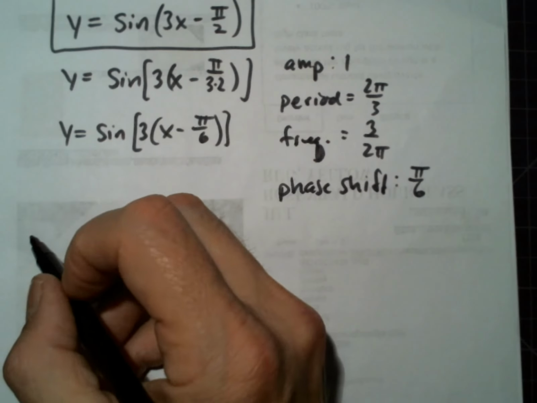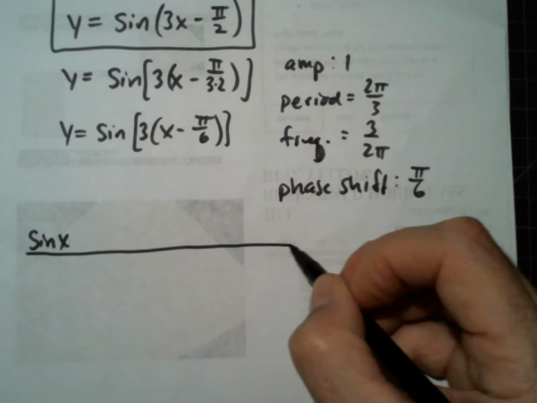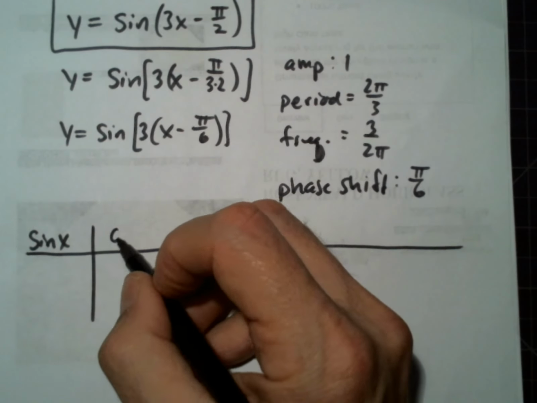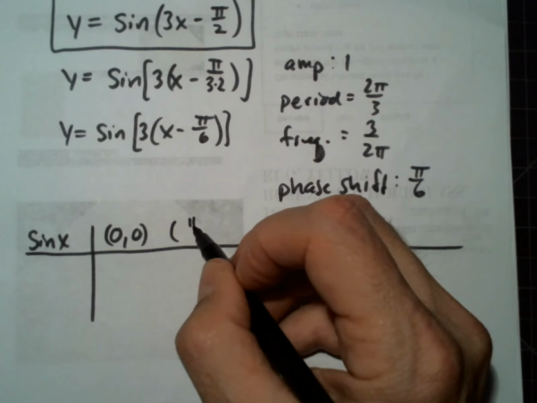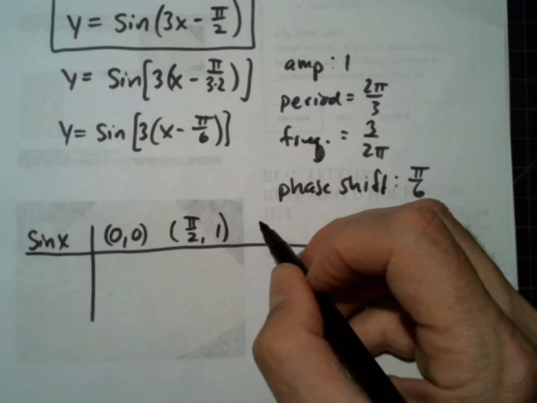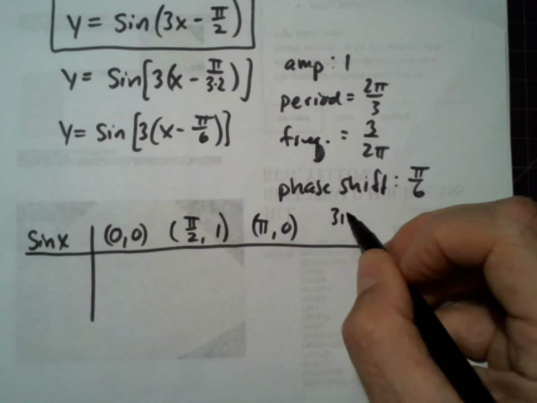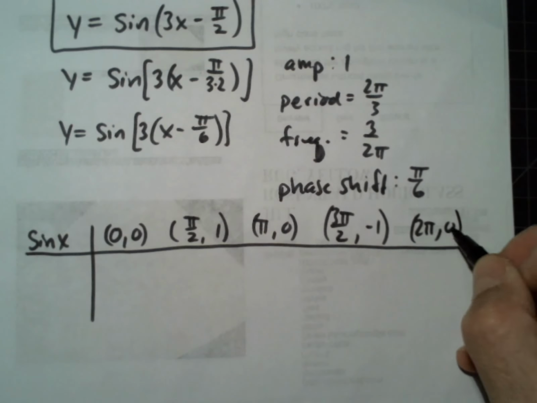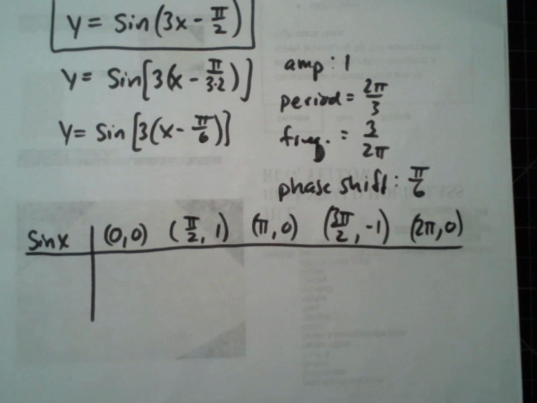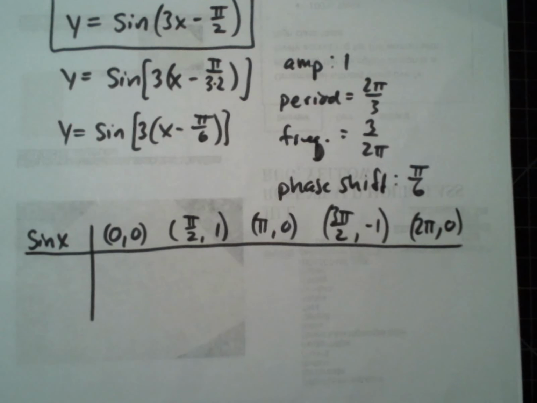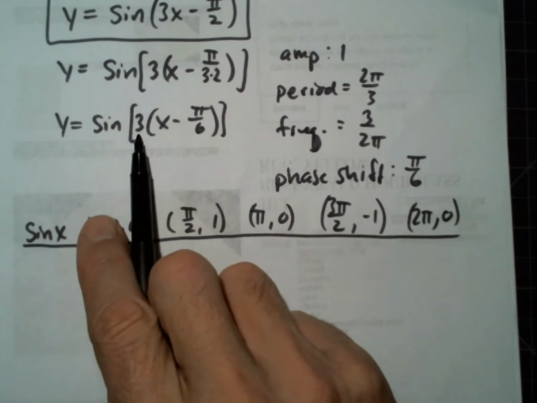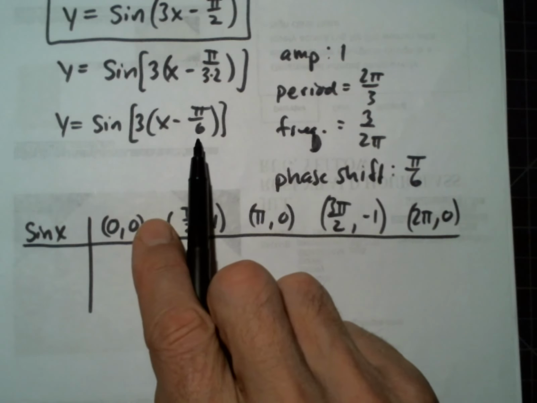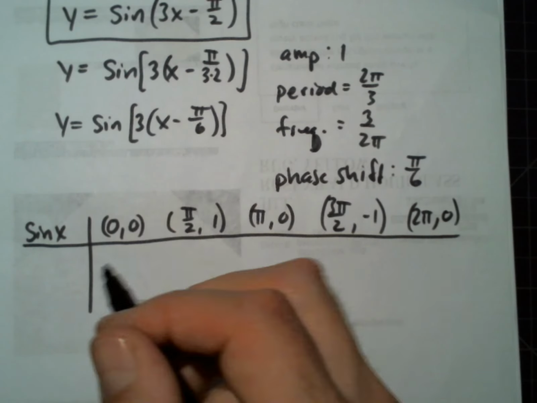So then we do parent function, and we have 0, 0, pi over 2, pi, 3 pi over 2, and we should divide the x values by 3 and then add pi over 6 to the x values.